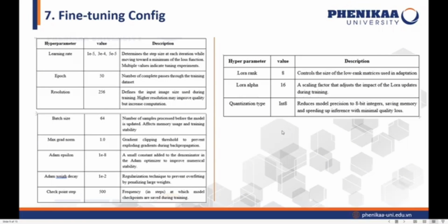The optimizer is AdamW, and on the right side I used LoRA, where the rank controls the size of the low-rank matrices A and B. The rank is 8, alpha is 16, and the number of epochs is 60, iterating with the configuration from rank 16 to rank 8.